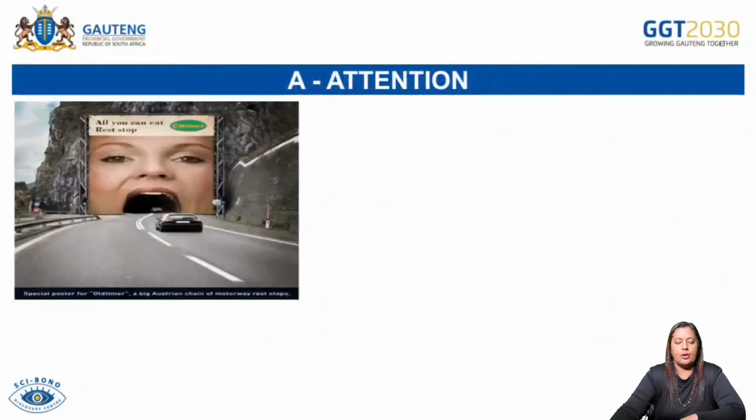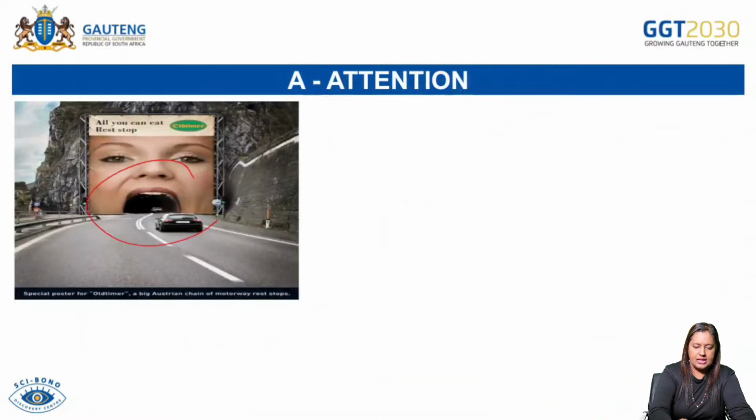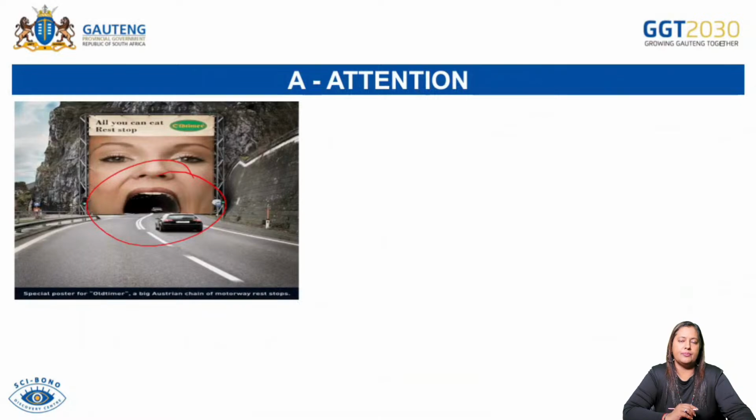Right. So when we're dealing with attention, now look at this particular advert, for example. Immediately, I would say to you, what is drawing your attention? The fact that there's a female face being showcased and her mouth is open wide, having a vehicle sort of going through it, showing traffic going through the mouth in this instance, okay?